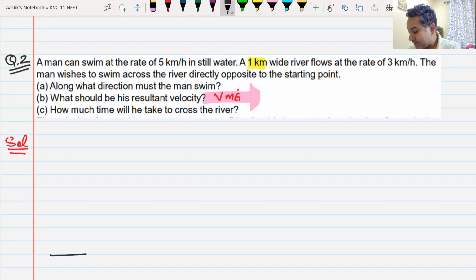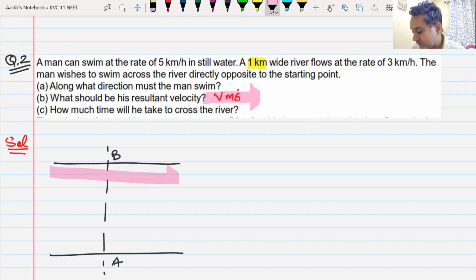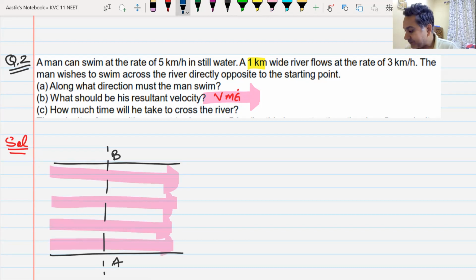I draw the diagram just to make some sense. This is my river. He starts from point A and he intends to reach point B. The river is flowing like this with a velocity u.